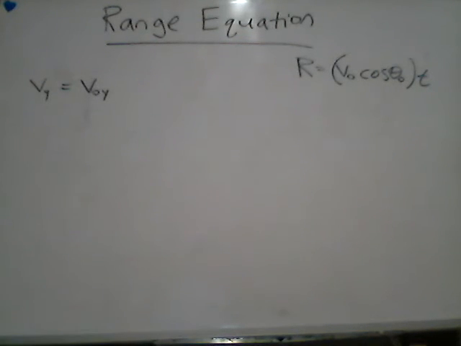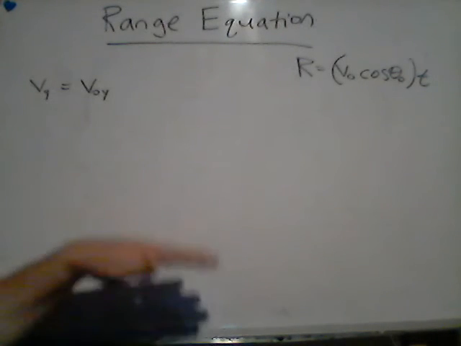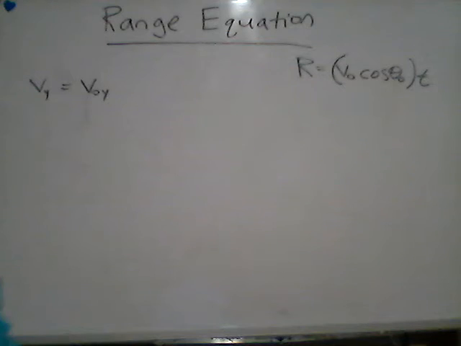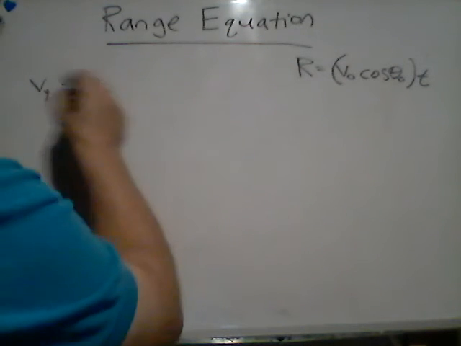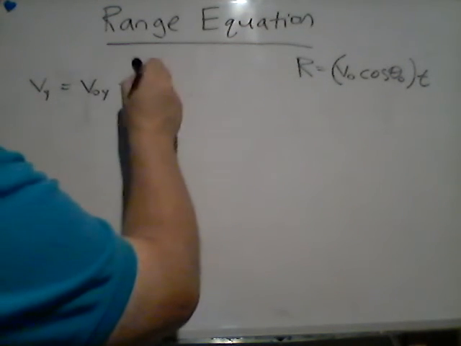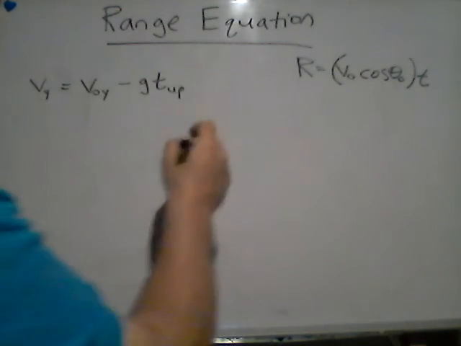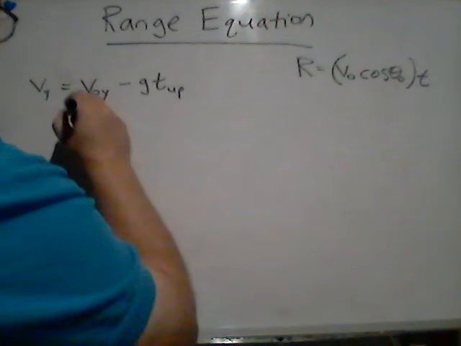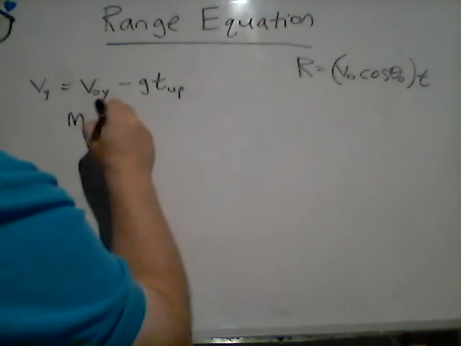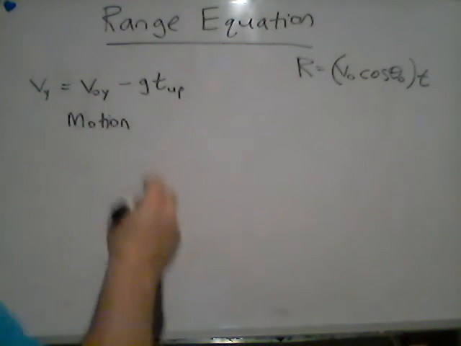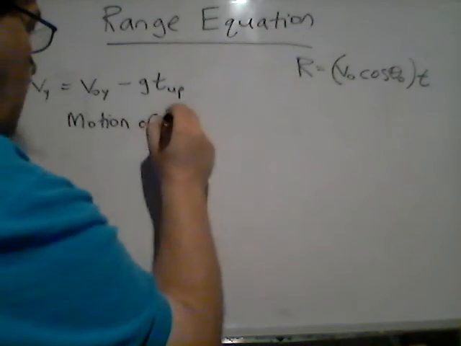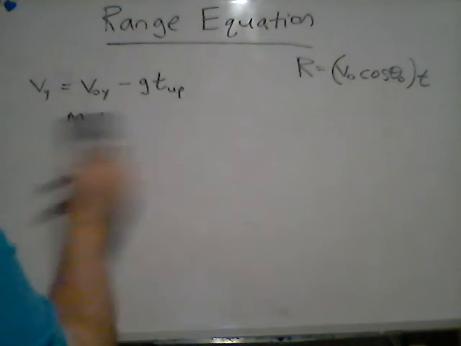I want to figure out how long it's going to take for the projectile to rise to its pinnacle. So essentially, v sub y is v naught sub y minus g t sub up. Again, this is the y component motion of the projectile.